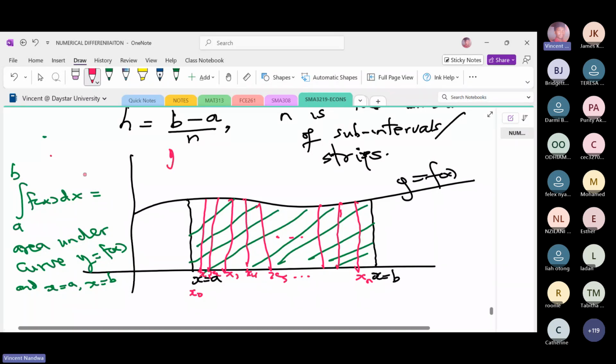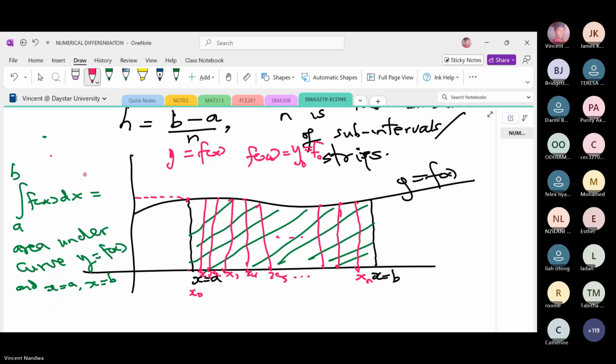Given that y is f of x, the value of the function at x naught will be f of x naught, which we can write as y naught or f naught. So the height of this line will be y naught units. Similarly, the height of this line will be f of x1, or f1, or y1.